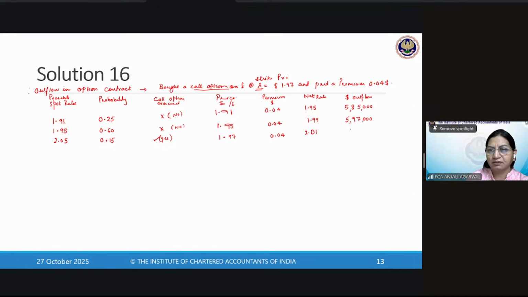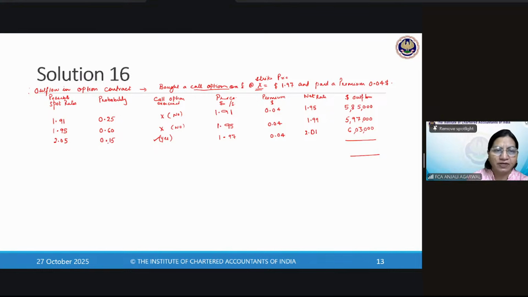But because there are three possible rates, we cannot say that option will cost us 603. Option will cost us 6,03,000 only if the call option is exercised.